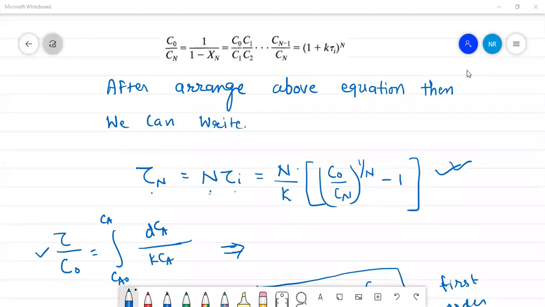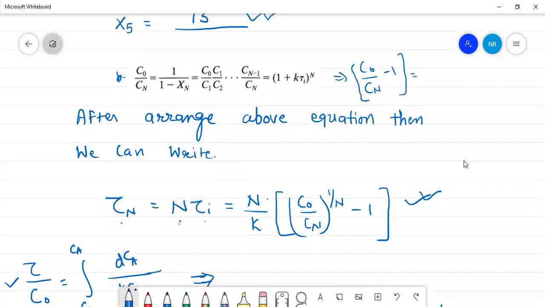So 1 will be here, so c0 minus cn minus 1. Here they replace n, and then k will be on this side. So it's like c0 divided by cn minus 1 is equal to k tau raised to n.